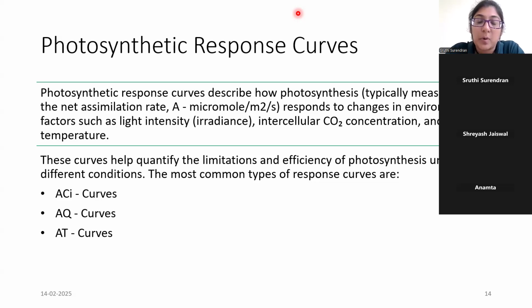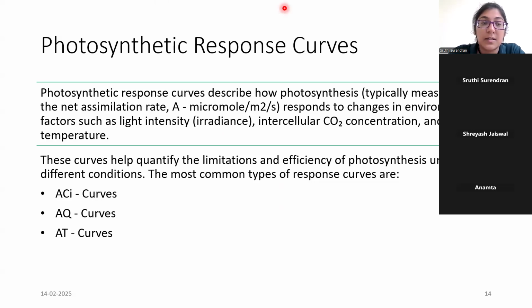One important element required for this is the photosynthetic response curve. Photosynthetic response curves describe how photosynthesis varies or responds to environmental factors such as light intensity, intercellular carbon dioxide concentration, and temperature.